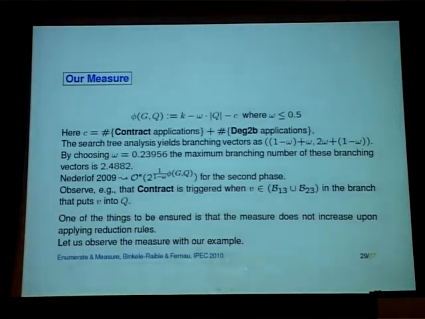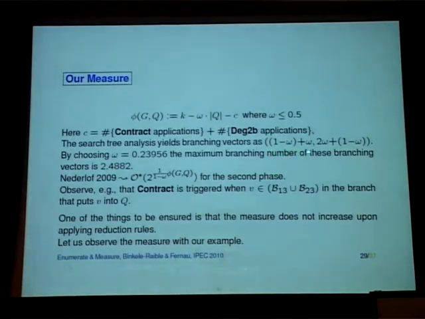So if you now set up the usual search tree analysis with respect to this measure, you will get branching vectors like these ones. This is one of the examples. Actually this is the case where you have one neighbor in Q and 3 neighbors not in Q, which is reflected by this. For example, if you take the vertex now in Q, so you put it in the vertex cover, then what does it mean?